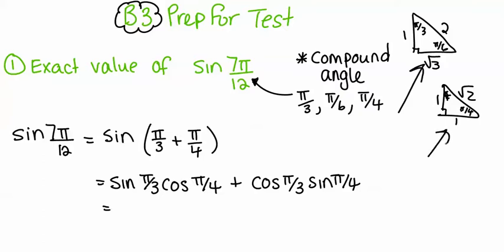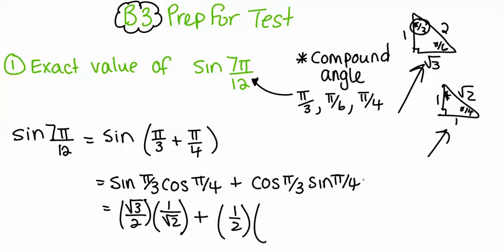Sine pi over 3 is opposite over hypotenuse, so that's root 3 over 2. I'm going to multiply that by cos pi over 4, which is adjacent over hypotenuse, so 1 over root 2. Then I'm going to add cos pi over 3, which is adjacent over hypotenuse, so a half, times sine pi over 4.